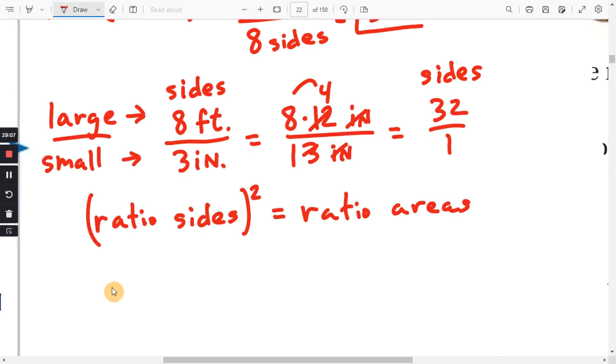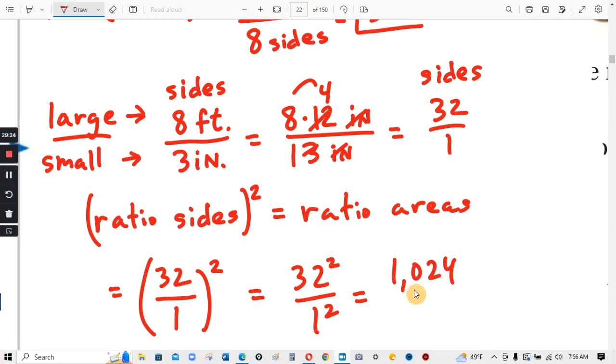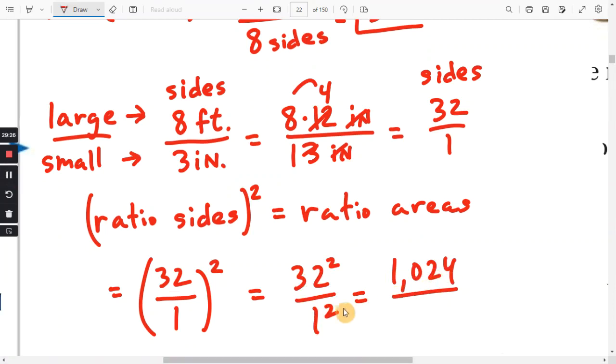So that's going to equal 32 over 1 squared. Okay, and that's 32 squared over 1 squared. Need the calculator. 32 squared is 1,024, and 1 squared is just 1. Okay, so that's the ratio of the areas.